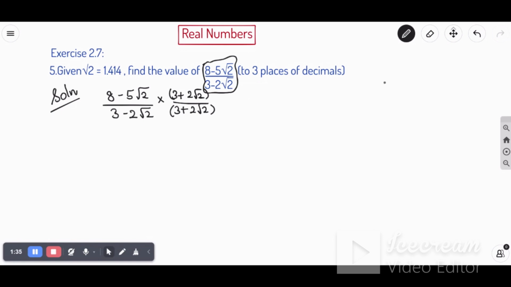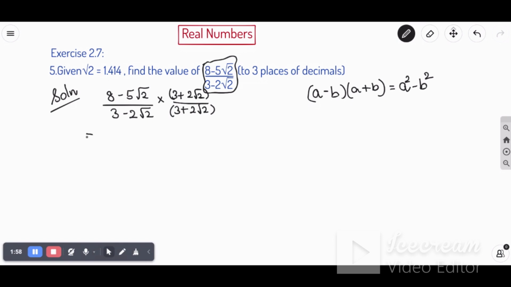Now, throughout the exercises, we are using only two formulas. A minus B into A plus B. If the order is changed also, it doesn't change. So A plus B into A minus B is also the same as what? Yes, A square minus B square. And this is only used here.